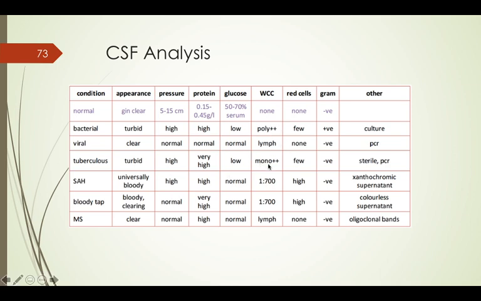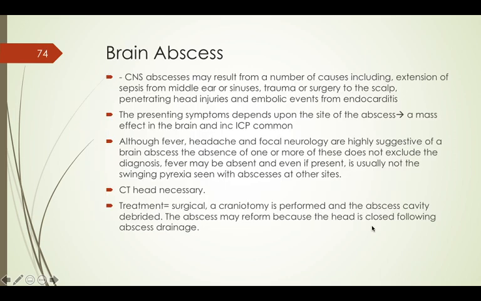So lymphocytes can occur in both viral and tuberculosis. Just briefly on subarachnoid hemorrhage, I've talked to you about xanthochromia and that bilirubin, which stains the CSF a yellow colour. And with MS, oligoclonal bands are specific for that.